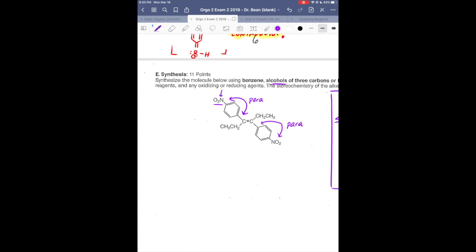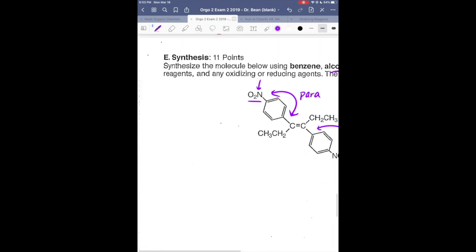Firstly, a nitro group has a full-on positive charge that's not being shown on that nitrogen. So you got to be careful in terms of using a Grignard reagent in the presence of a nitro group, because the Grignard is just going to react with the nitro group. Remember that from the fact section in the past. So, no Grignard.